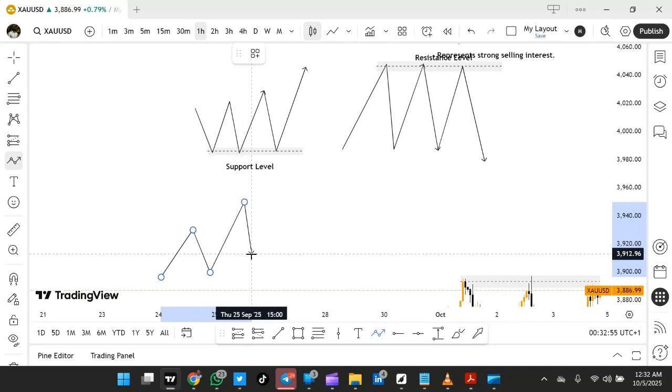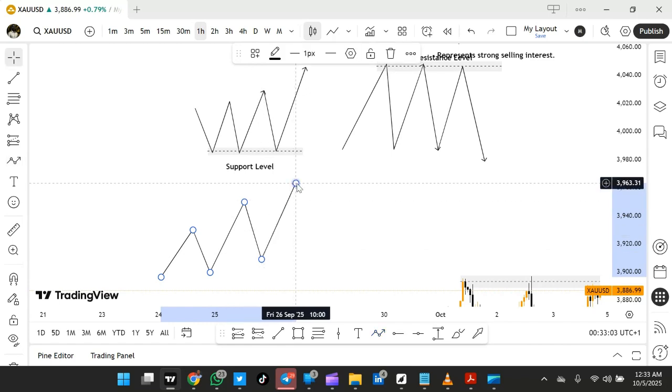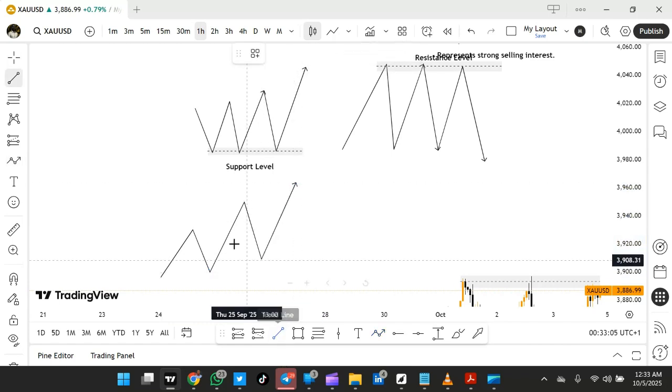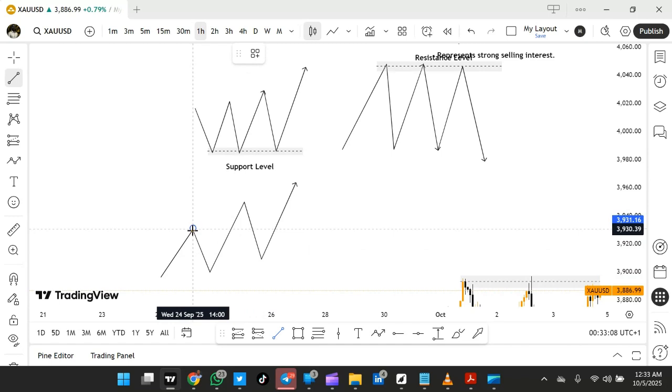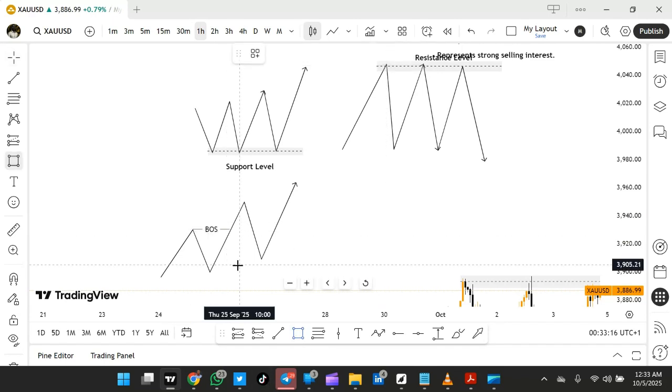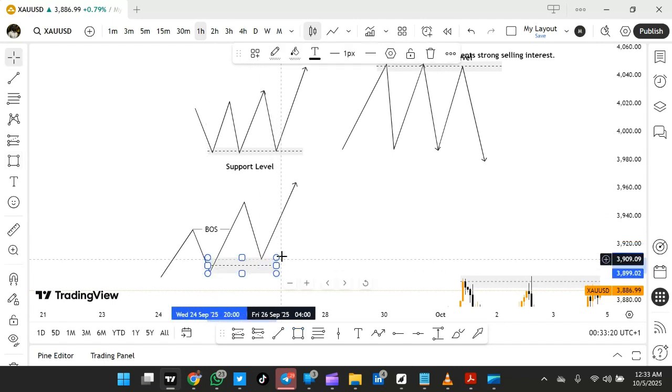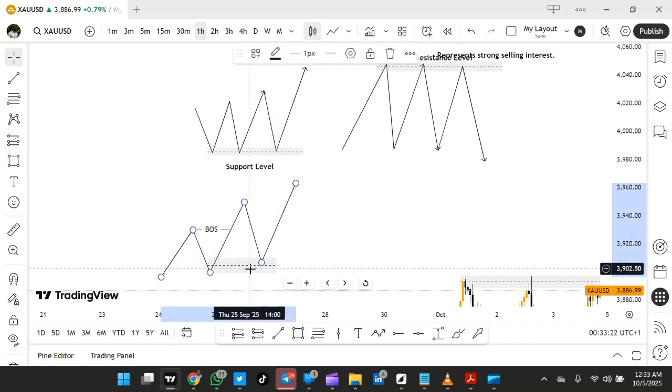Now there are logics behind a demand zone. For a demand zone to be a demand zone, there are certain things you look out for. It needs to have an imbalance and a break of structure. You can see this is a break of structure. A demand zone is in an uptrend, a break of structure. So this zone here, where price will react from, is what we refer to as a demand zone.